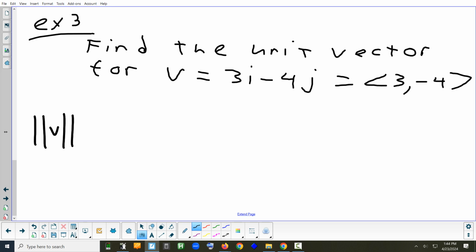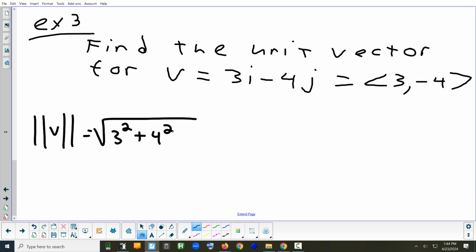Okay, so from yesterday, what theorem do we basically use when we're finding the magnitude? Yeah, it's really just the Pythagorean theorem, which starts out with what symbol? Square root. Yeah, start with a big square root. And what's going to go under the square root? 3 squared plus 4 squared.